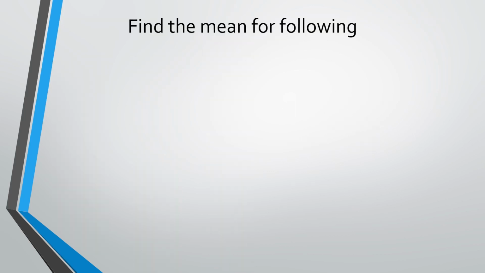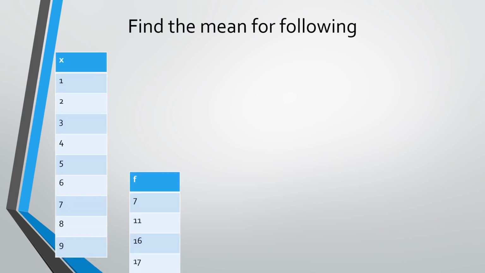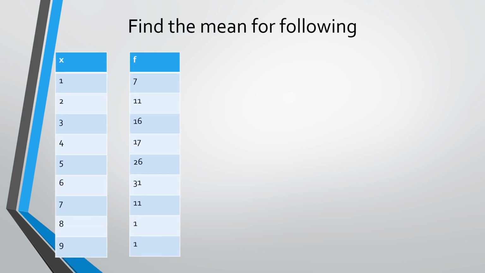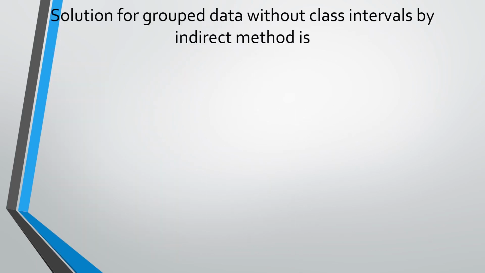Next, we find the mean for the same example, that is the x as well as the f values which have been given, now by using another method, that is the indirect method, which is also called the step deviation method. Now we shall move to the solution for ungrouped data without class intervals by the indirect method, also called the step deviation method.